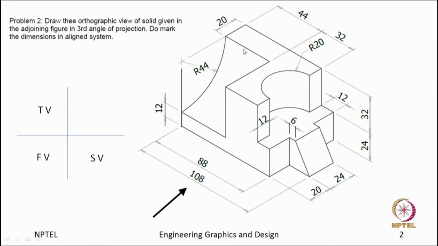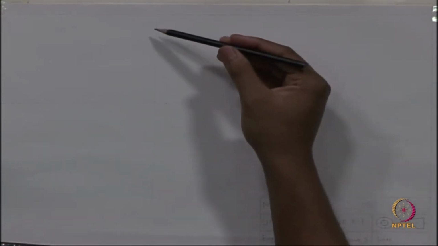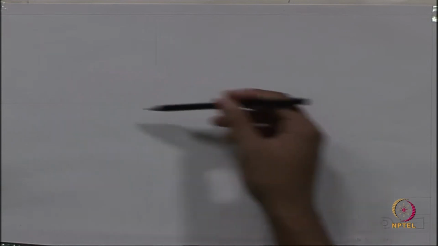Another important thing you have to look at is the dimension, because here see what is the dimension. 108 is the length, the height is 24 plus 32, 56, and the width is 64, 20 plus 44. While making the drawing, I have already made the reference lines, one vertical, one horizontal.